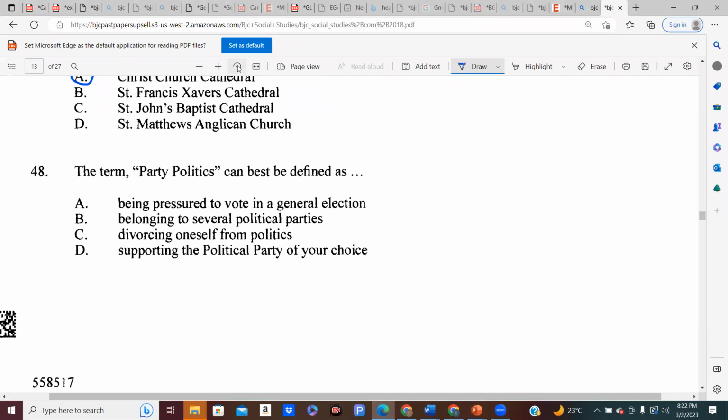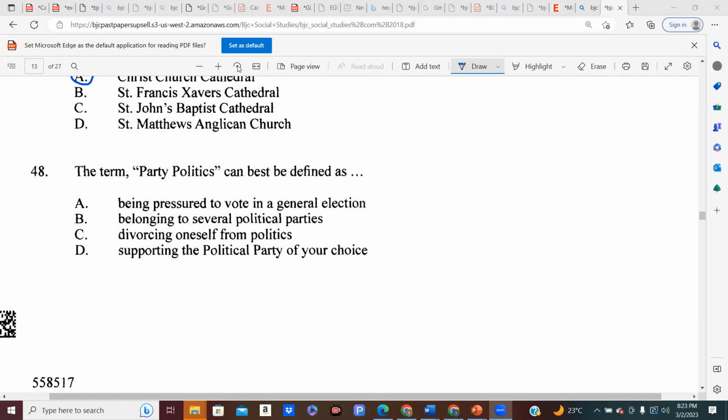I think it's D. Why do you think it's D, Lanaya? Because based on the definition you just gave, in a nutshell, it's supporting the political party of your choice. Okay.